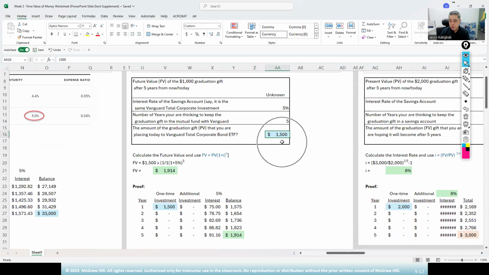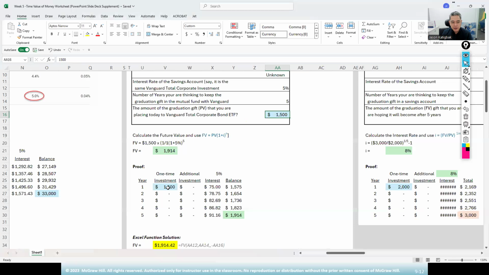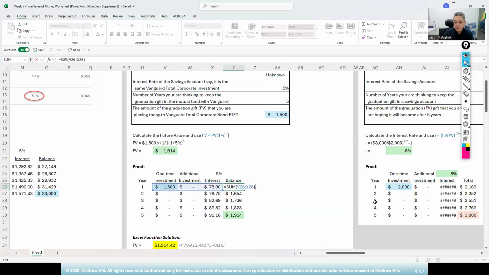If I make a placement of 1,500 right now, in the future, after 5 years at 5%, it would grow to 1,914. Let me do a proof, right? 1,500, 5% multiplied by 1,500 is 75 bucks. If I add across, 1,575. Now my new balance for the second year is 1,575 multiplied by 5%.